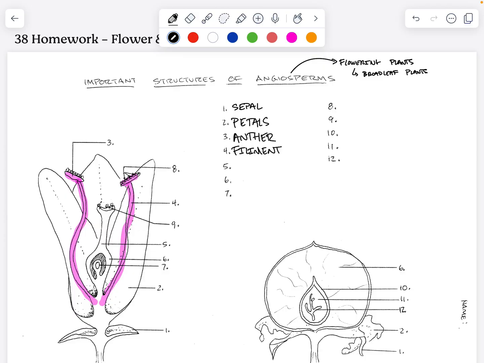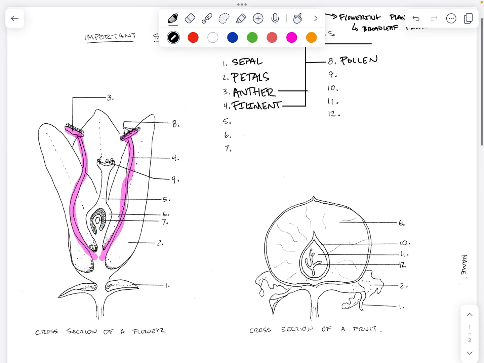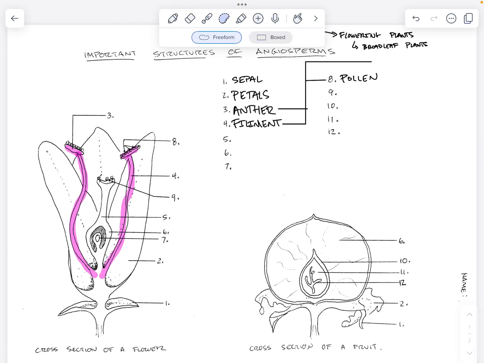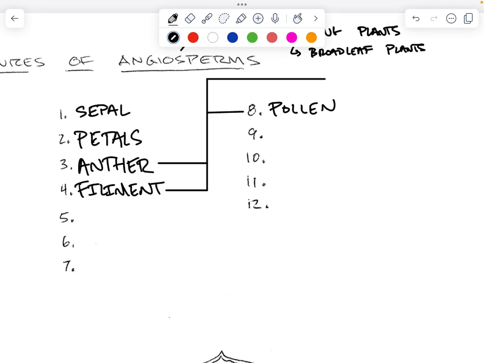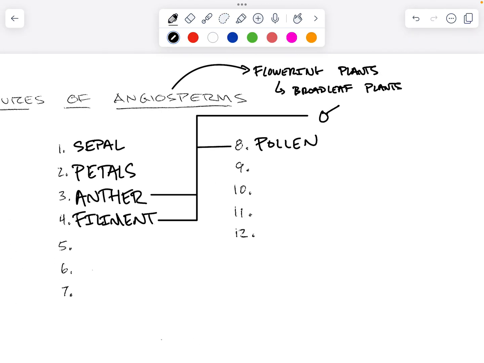And out of the anther, the flower produces tiny little grains of pollen. So if you add the anther and the filament and the pollen together, as a big group, they constitute kind of the male sexual organ of the flower, which is called the stamen.